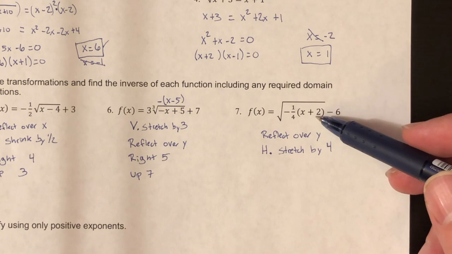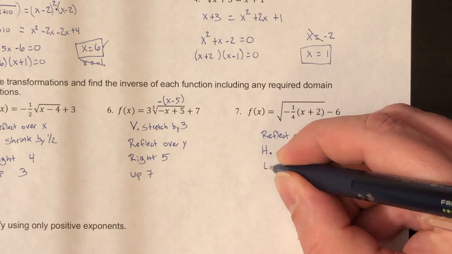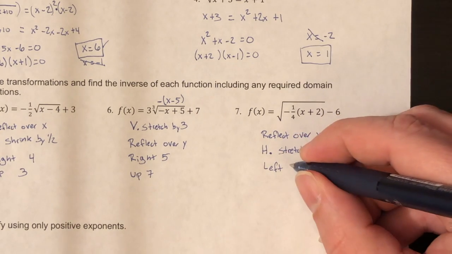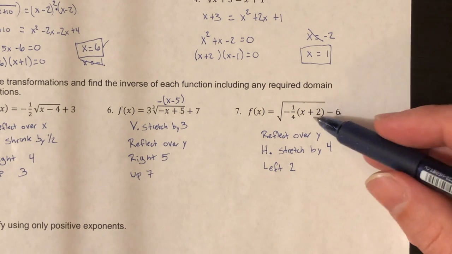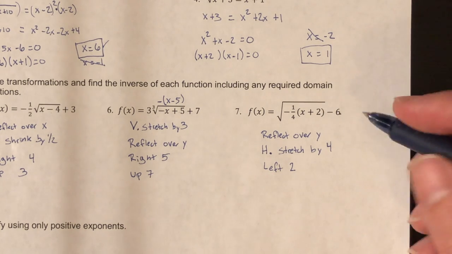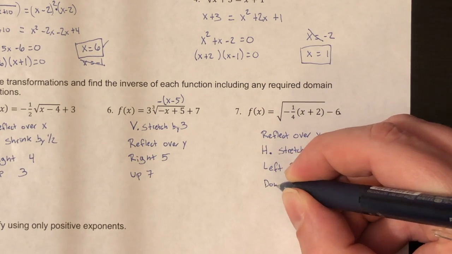This +2 that's still under this radical makes it go left 2. And this -6 that is at the very end outside of that radical, that's going to move it up and down. Since it's negative, it goes down 6.